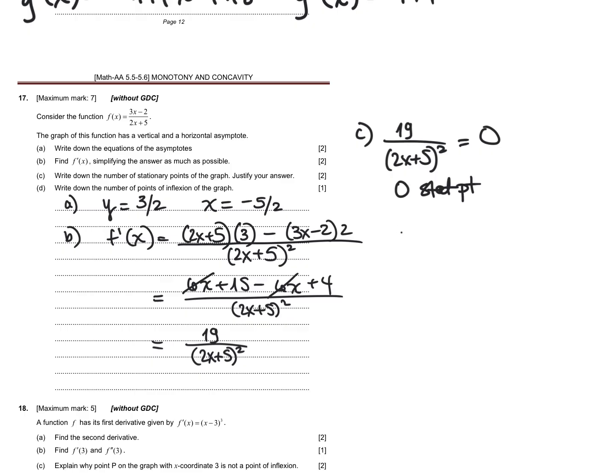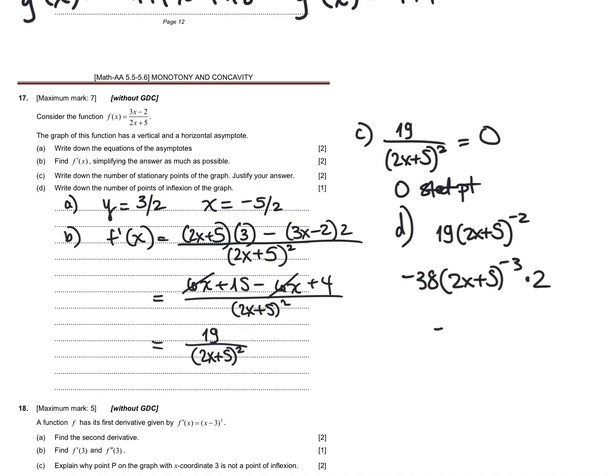Okay? And for D, write down the number of points of inflection. Well, if we find the derivative of that, so that's negative 38, 2x plus 5 to the negative 3 times 2.